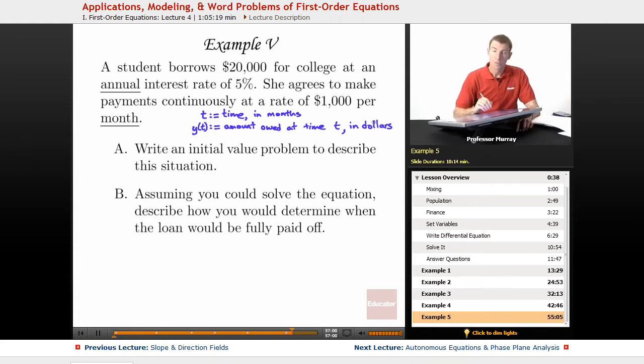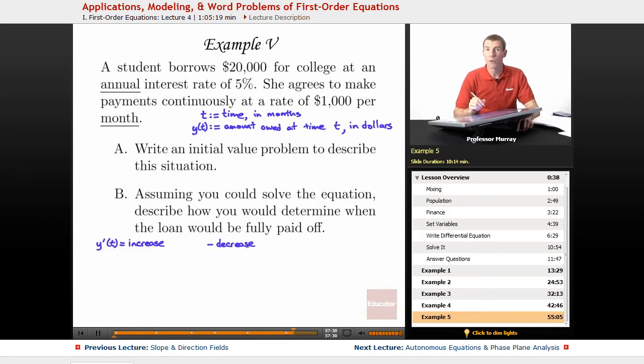And so we're going to write an initial value problem. That means we need to write an expression for y prime of t. And remember our strategy for that. Y prime of t is the rate at which y is changing. So that's always an increase, and then there'll be a decrease.